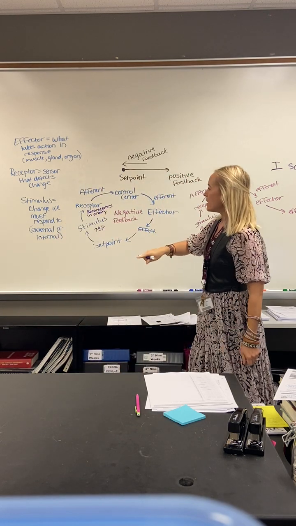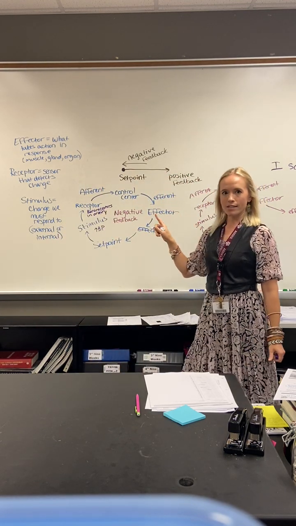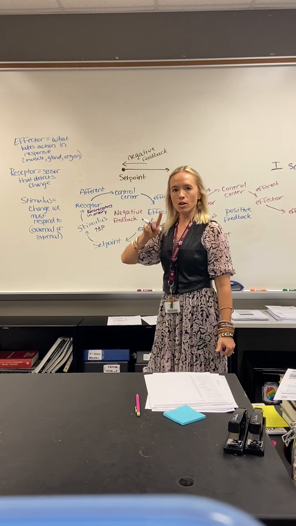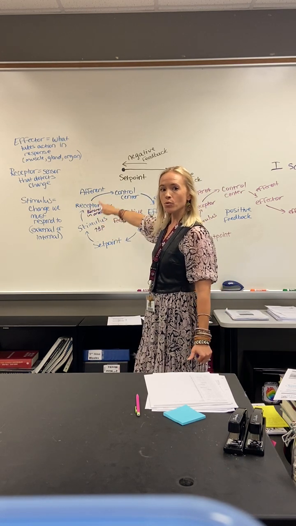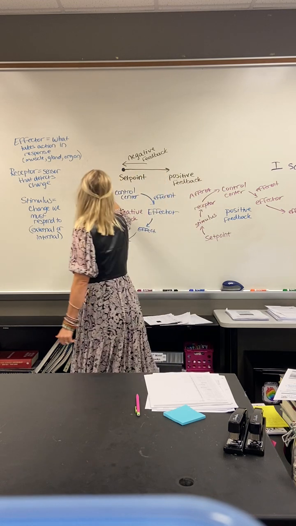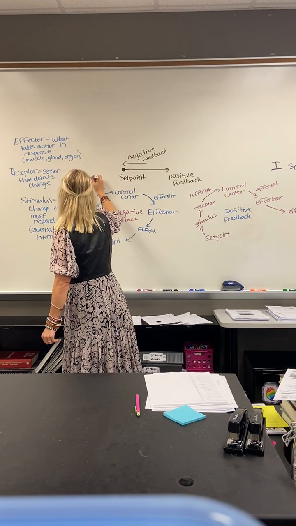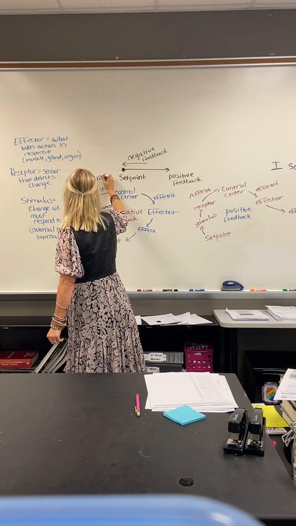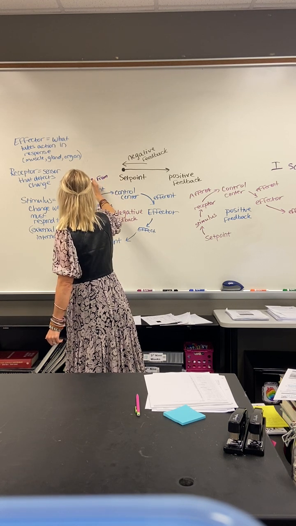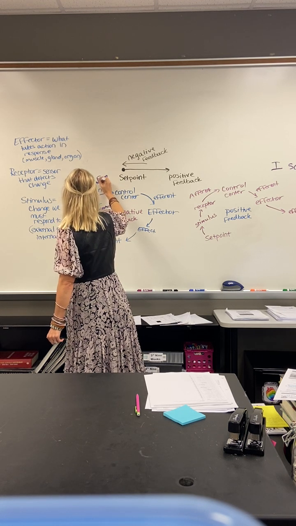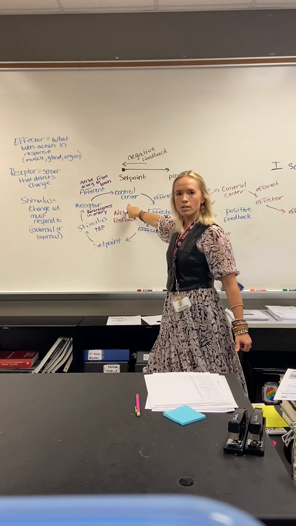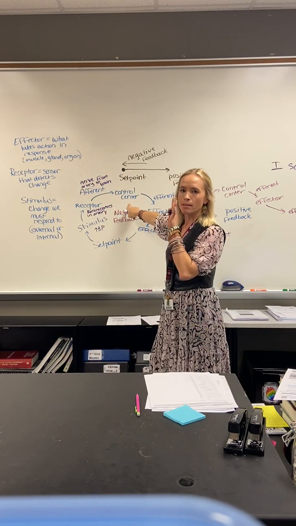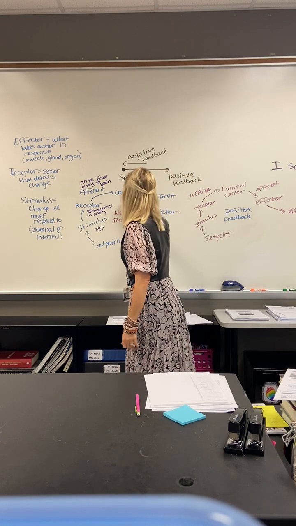It's going to send the signal afferently, so it's going to be the nerve from the blood vessels to the brain. So this will be the nerve from the receptor, from the artery, to the control center. The control center in this case is the brain. It's the medulla oblongata, but we'll just say the brain.